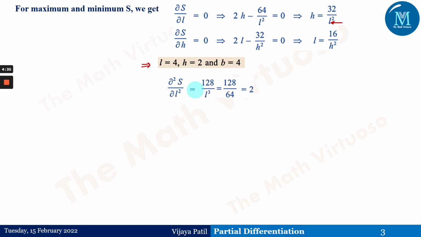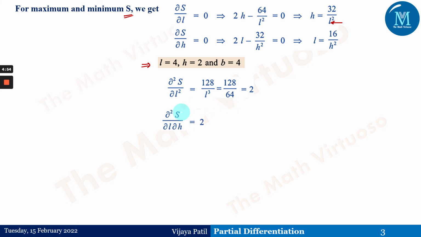After getting these values, we have to check whether L equals 4, H equals 2 and B equals 4 give us the minimum of this particular S. That condition can be checked as follows. Dou square S upon dou L square is 128 upon 64, that is 2.